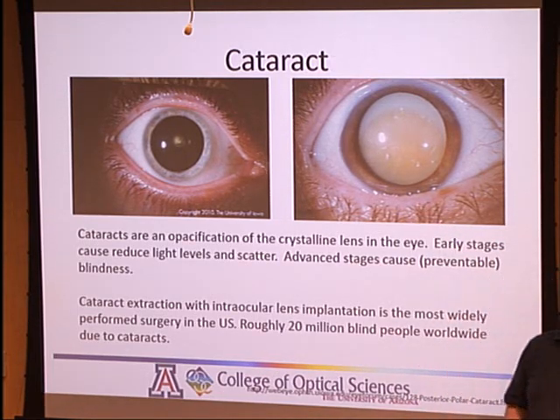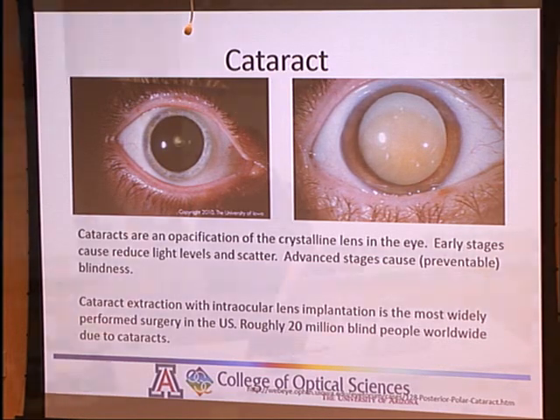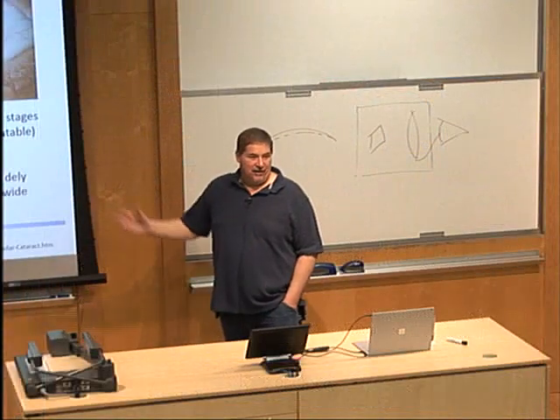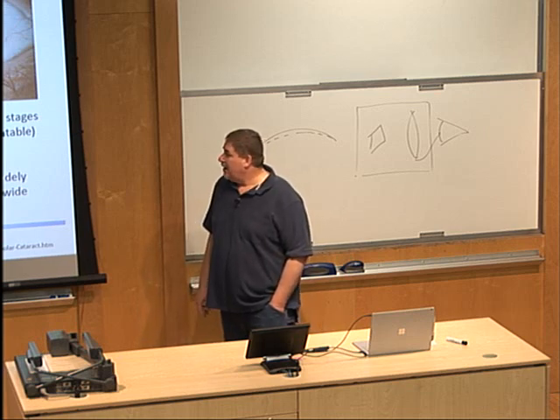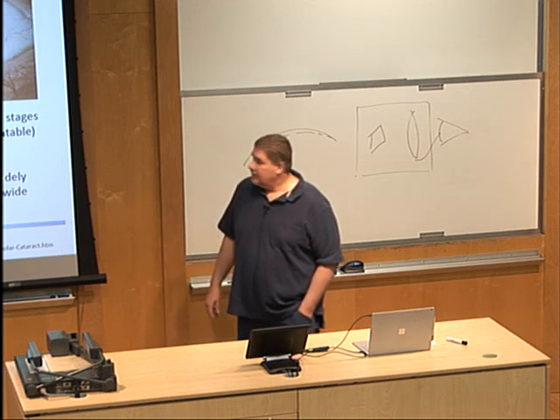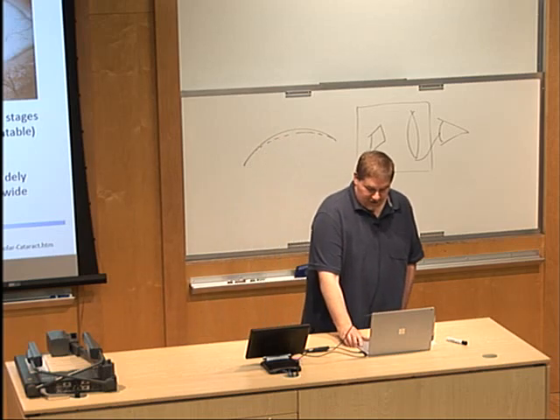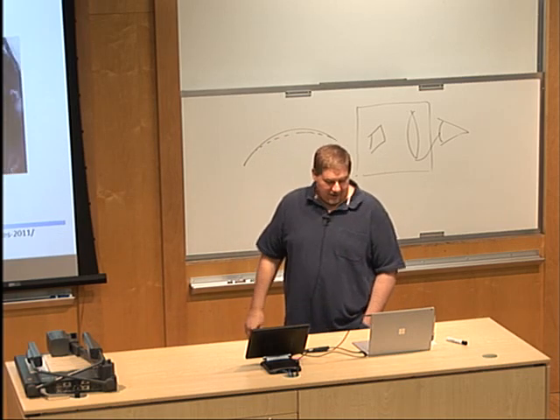So the entire lens now is opaque, and this person is blind because no light can actually get into the eye, even though it's functioning just fine otherwise. So roughly 20 million people in the world are blind because of this situation on the right, and it's actually very easy to fix these days. And so we're fortunate to have that ability.